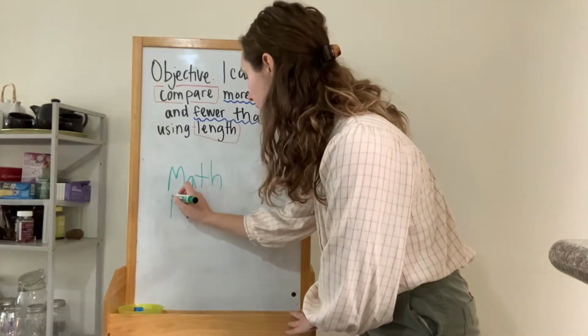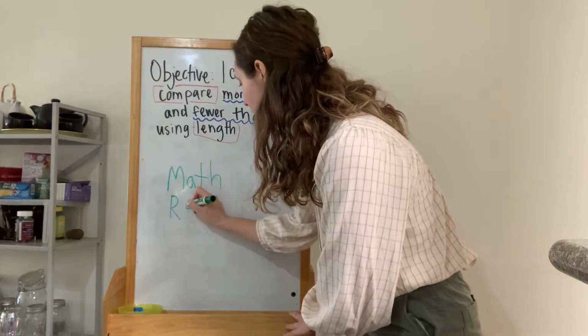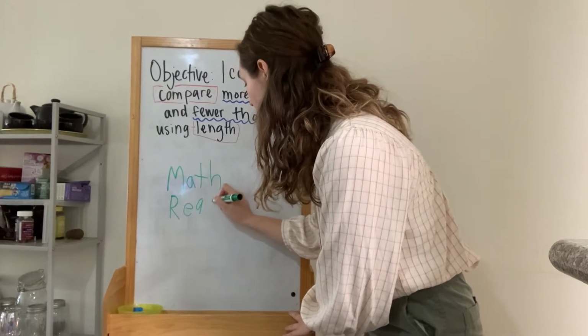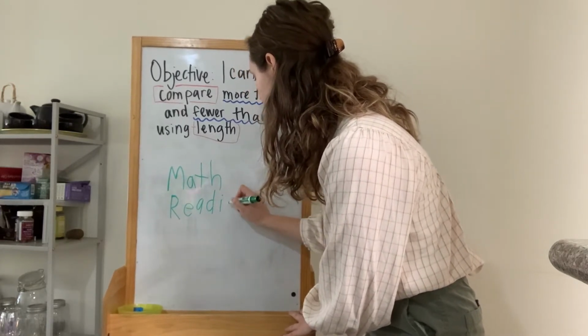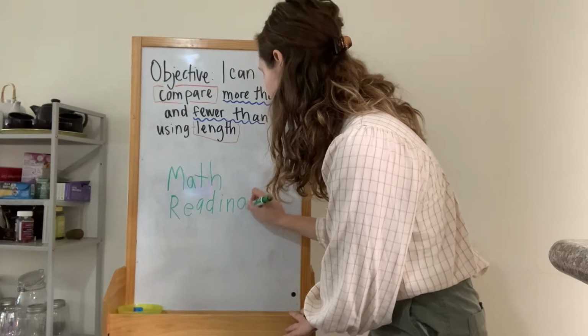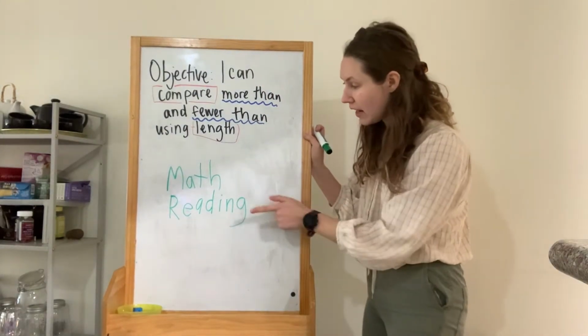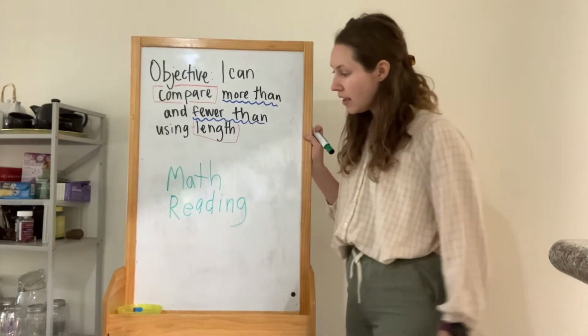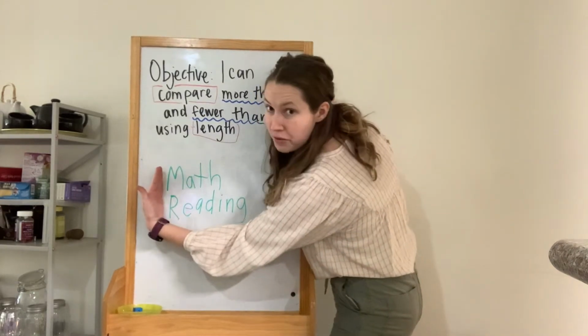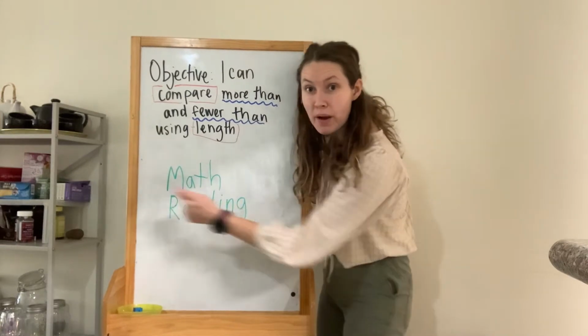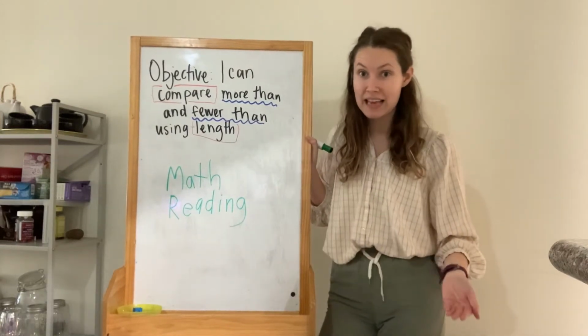So I'm going to write it right below my word math, and I'm going to try and line it up so that I can see. So there, I wrote the word math and I wrote the word reading. Now notice I started both of my words at the same end point so that I could compare their lengths.